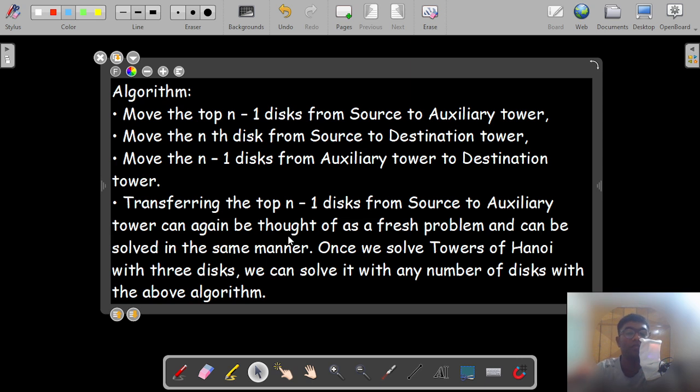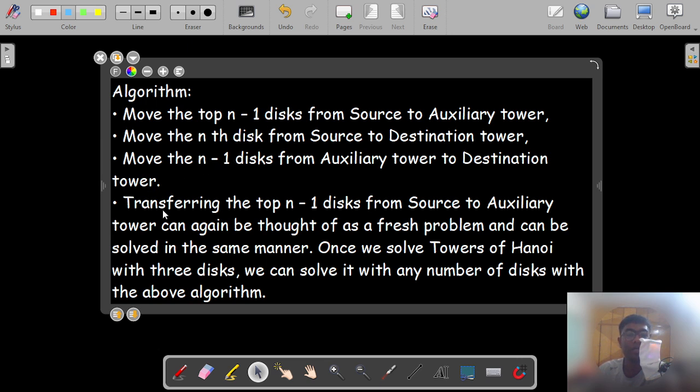The only thing that we need to understand here is, let's say we want to move the third disk to a destination rod, we might want to place all the n minus 1 disks on the auxiliary rod, and thereby we can move the n minus 1 disks which are placed on the auxiliary rod to the destination rod. That's the whole idea.